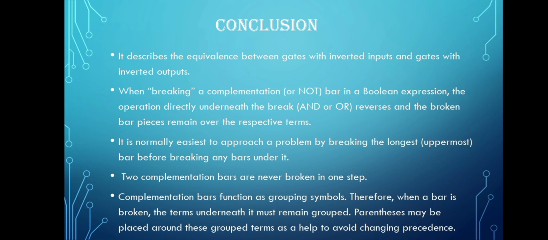Two complementation bars are never broken in a step. Complementation bars function as grouping symbols. Therefore, when a bar is broken, the term underneath it must remain grouped. Parentheses may be placed around this grouped term as a help to avoid changing precedence.